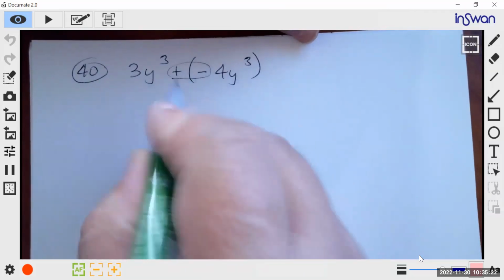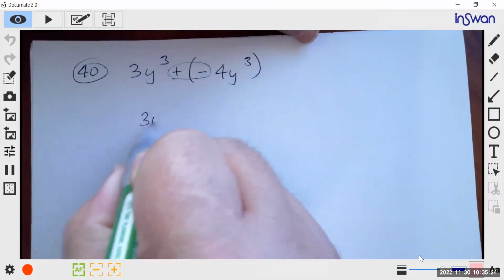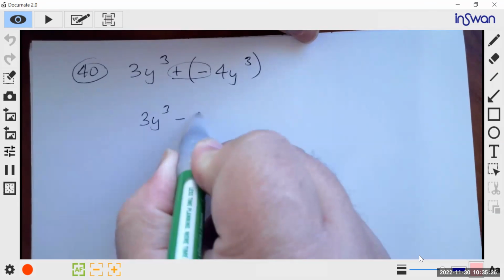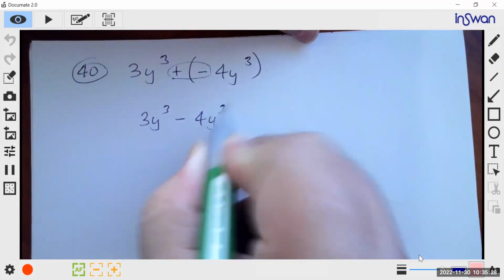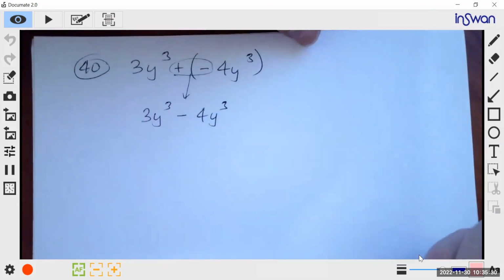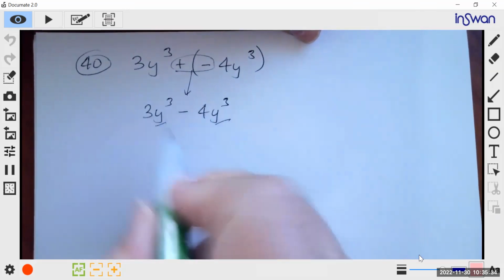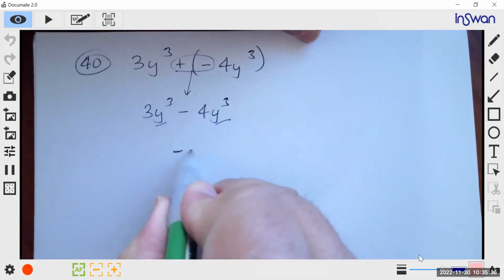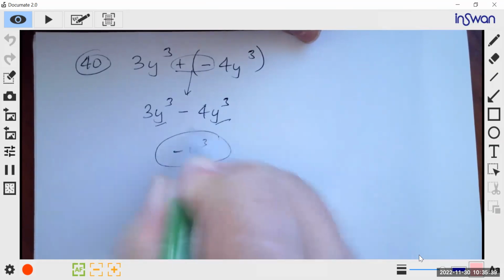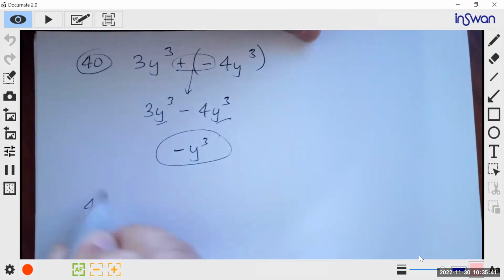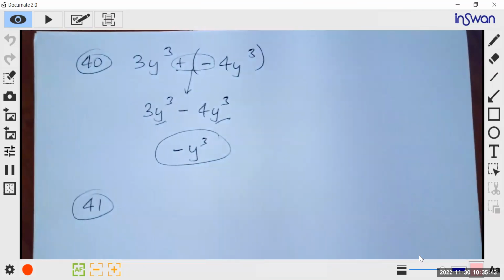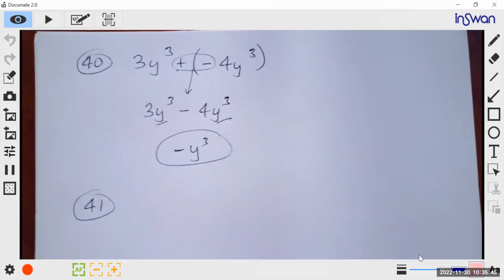Two signs next to each other, opposite signs, so it becomes a minus. They have the same terms, so since 4 is bigger, the answer is negative. 4 minus 3 is 1. There's your answer. This is combining like terms.